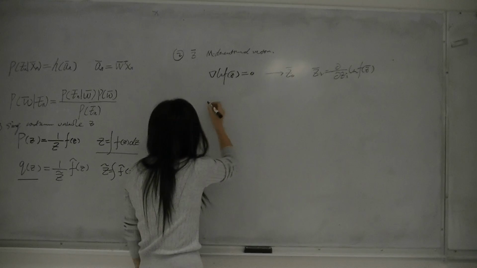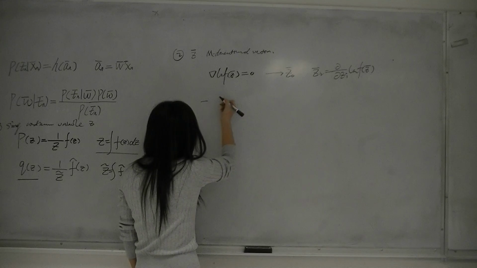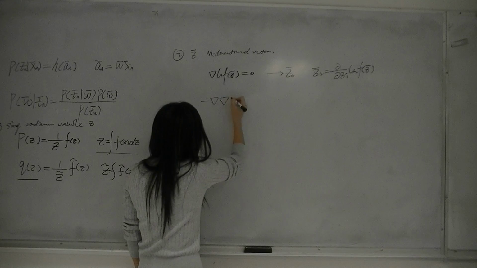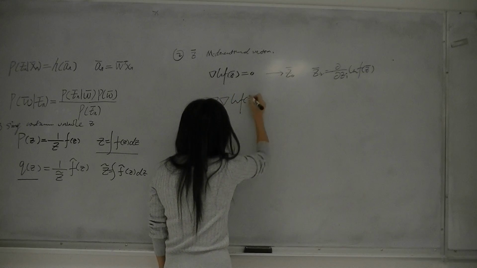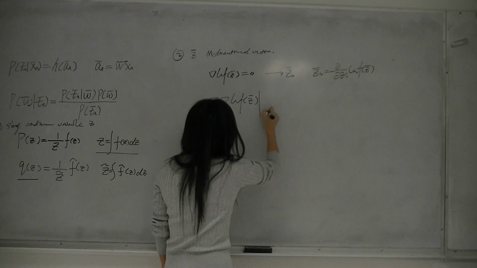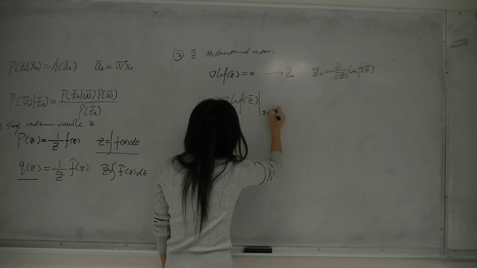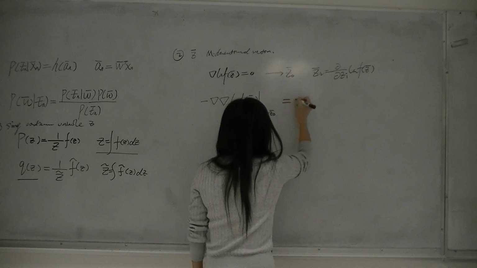Then we calculate the negative of the second derivative of ln f(z) at point z equal to z0.